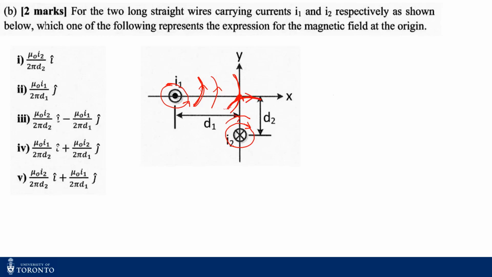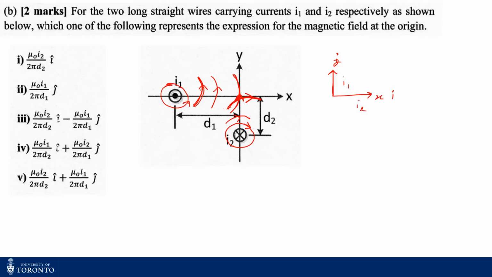So for I1 it's going upwards, which is the positive y-axis or positive j, because of I1. And to the right-hand direction, which is the positive x-axis direction or positive i, because of I2.